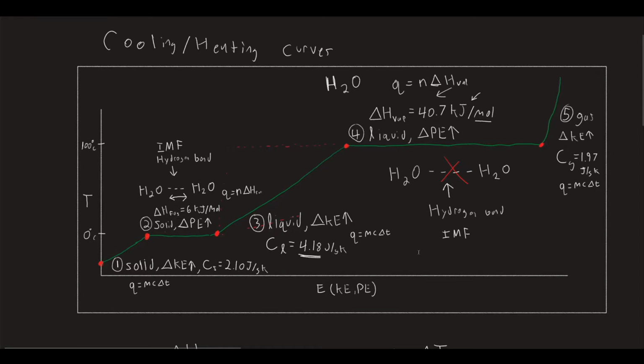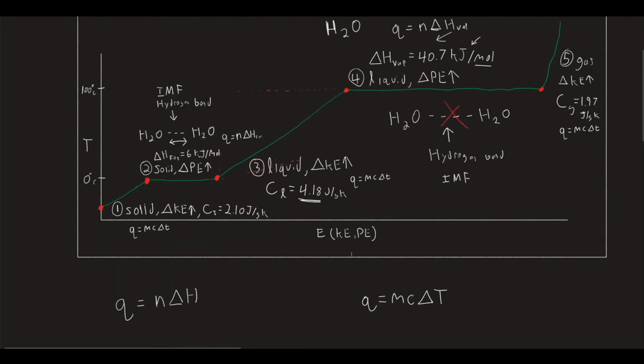So we talked about this, and then I gave you guys two equations, which is Q equals N delta H and Q equals MC delta T. So Q would represent the heat, N represents the number of moles, and delta H represents the enthalpy, the change in enthalpy.